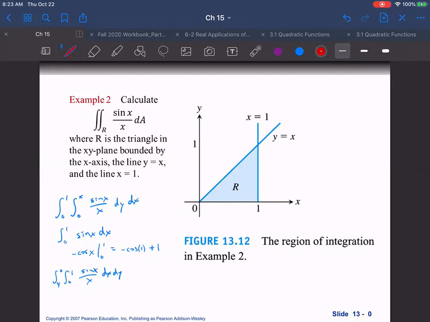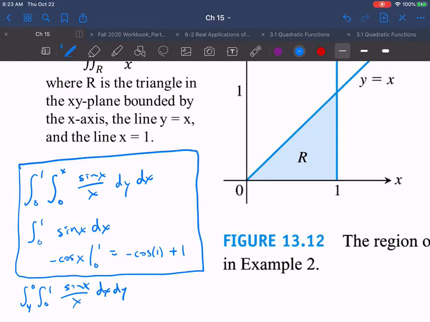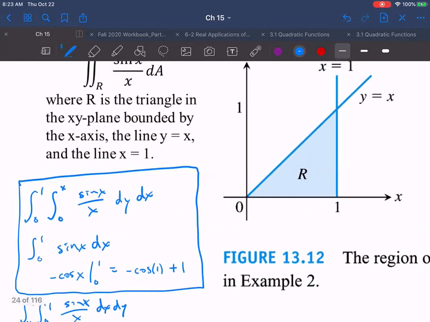So if I go through, you can see here on this first one, that was supposed to be an x right there. Doesn't really look like an x. But the very first one I did right here, I went through and I integrated on dy first. And so that just takes me from 0 to x on y. So that's like taking this slice here, 0 to y.